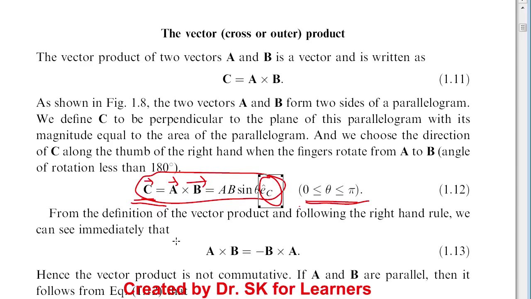And as we discussed, A cross B is never equal to B cross A, unlike the scalar product or our mathematical algebra. Here a minus sign comes before one of the operators, one of the sides of the equal to sign.